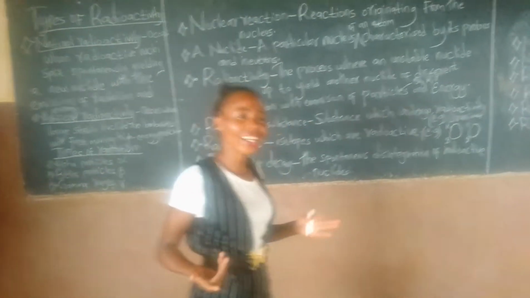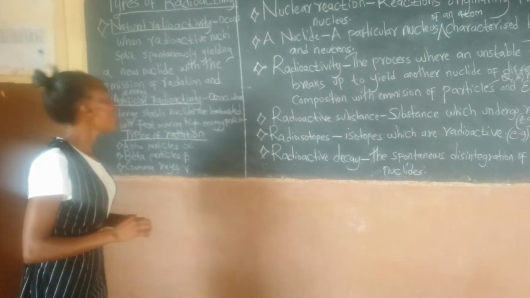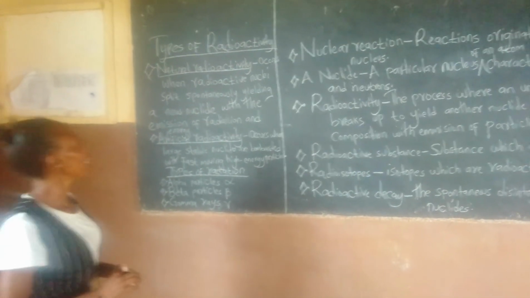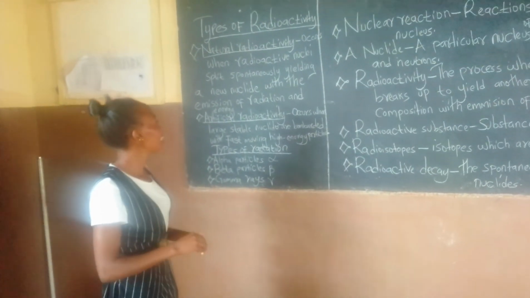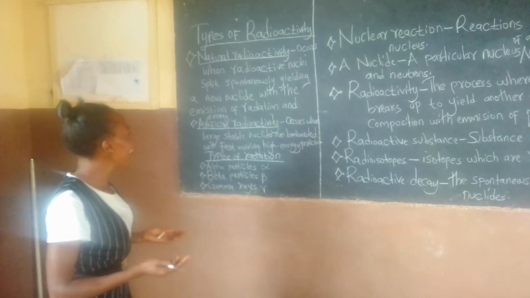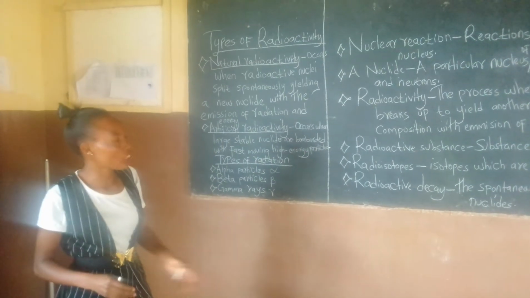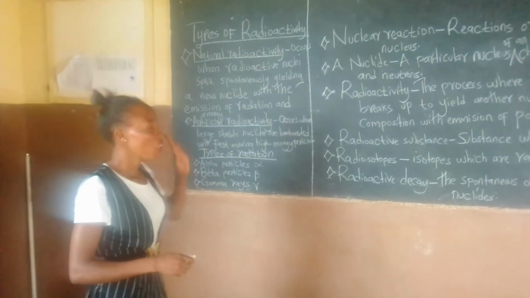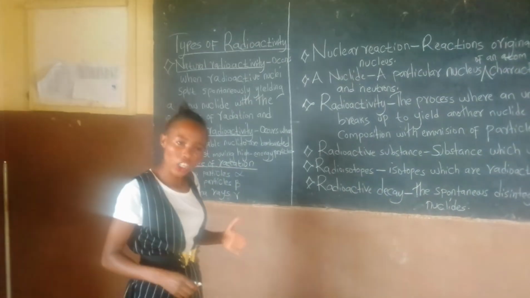And where does natural radioactivity occur? Natural radioactivity occurs when a radioactive nucleus splits spontaneously, yielding a new nuclide with emission of radiation and energy.